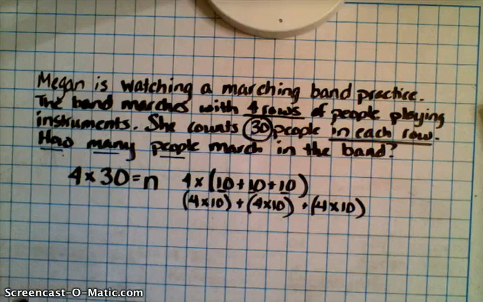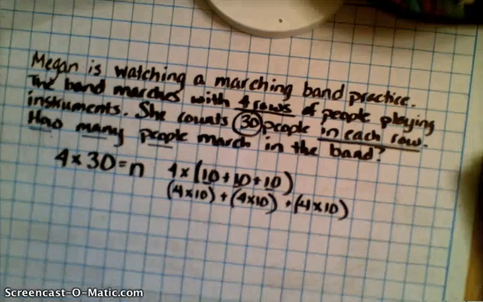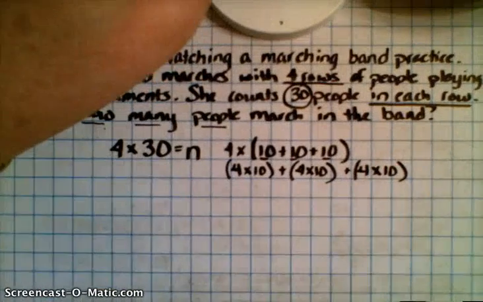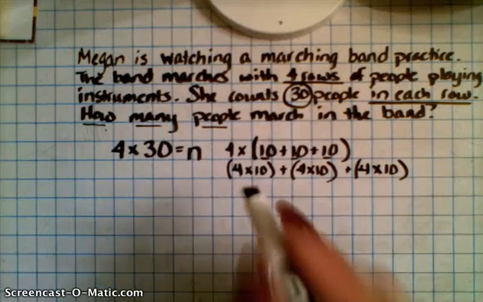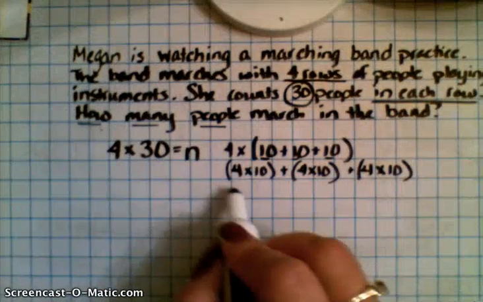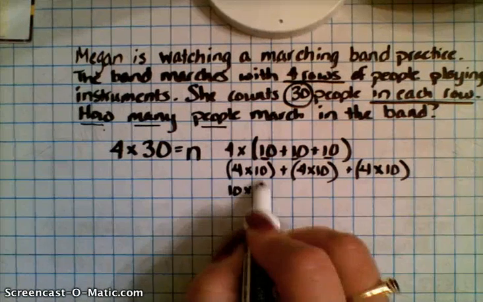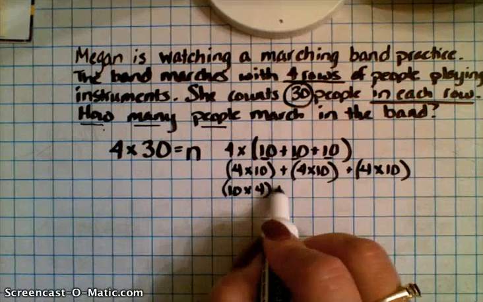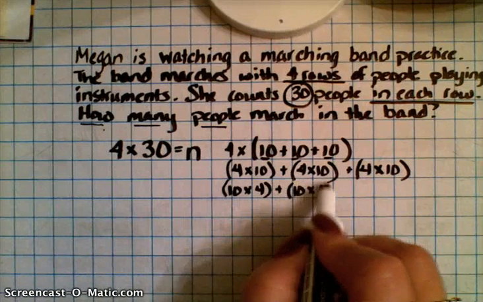Okay, now to find this, we can draw an area model. However, I don't have enough room on my grid, so I'm going to apply the commutative property. Let's see what that looks like. Okay, with the commutative property, I can change the order of the factors to 10 times 4, like this.